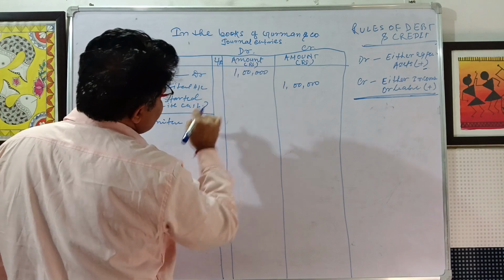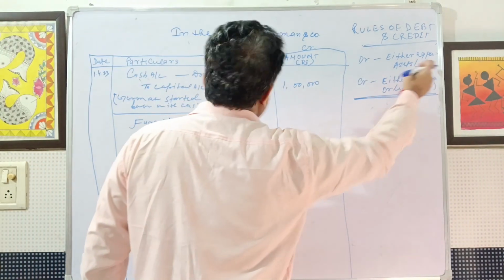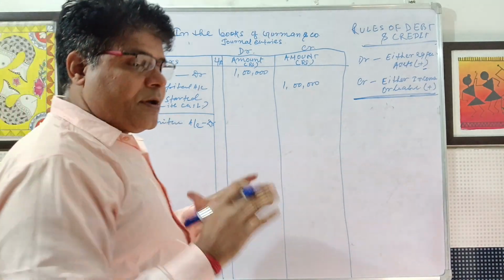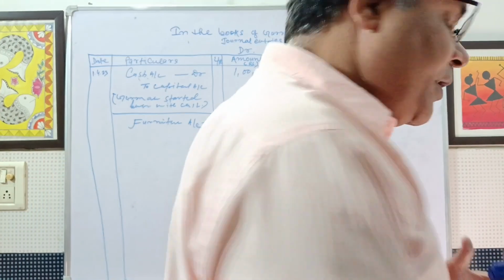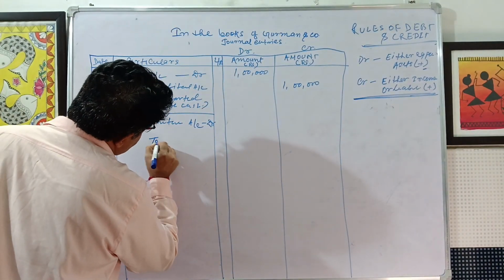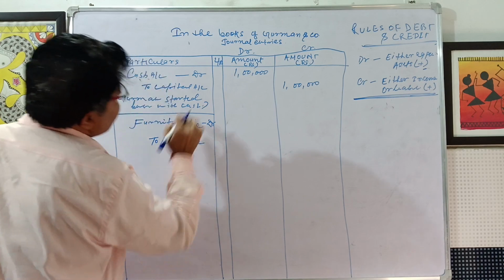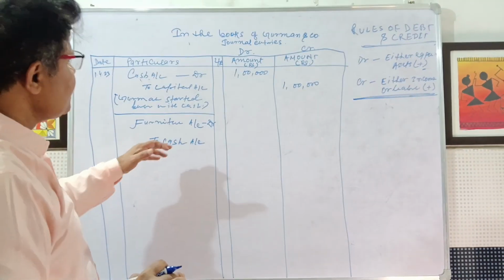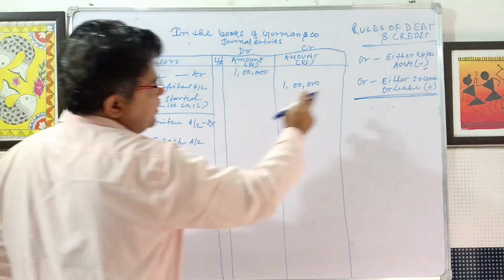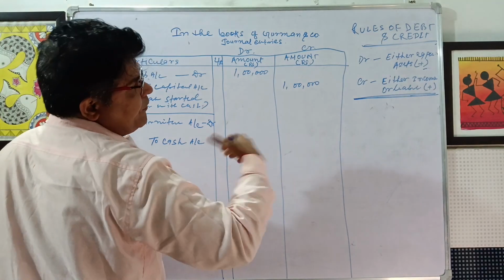Because in the business furniture is an asset and the asset is increasing. Purchase furniture for cash. Cash is also an asset, but cash decreases in the business because we purchased furniture.